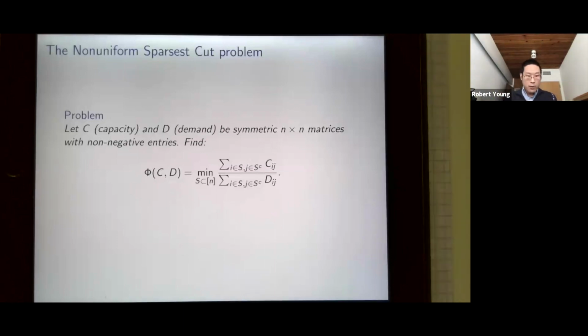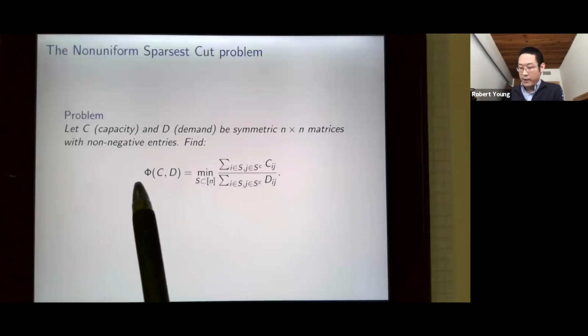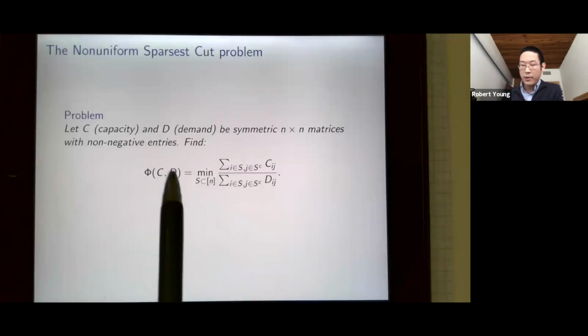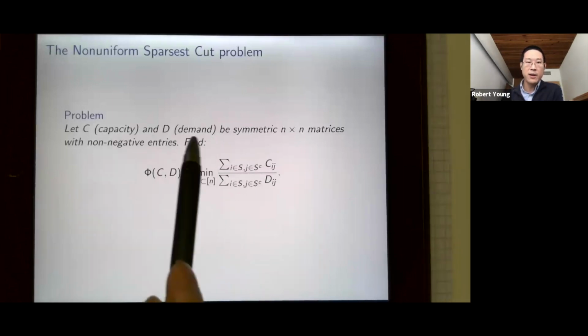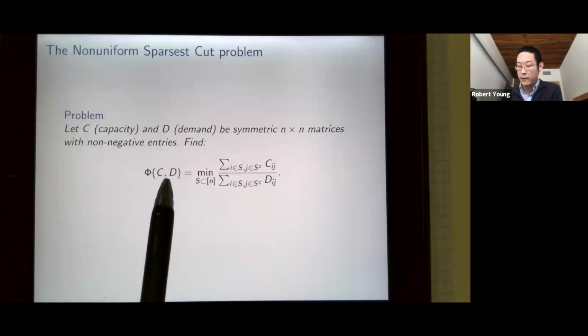How well that works can depend on how exactly you split your problem up into halves. And so if you can write the quality of a splitting in terms of a capacity matrix and a demand matrix, then you can use the sparsest cut problem in your divide and conquer algorithm. The quality of your divide and conquer algorithm might depend on how well you can solve the sparsest cut problem.